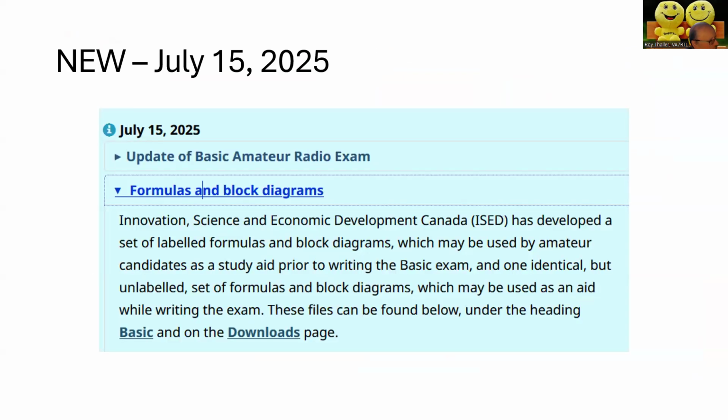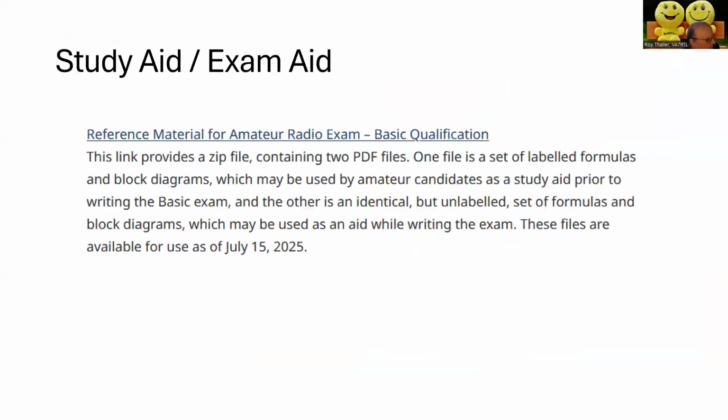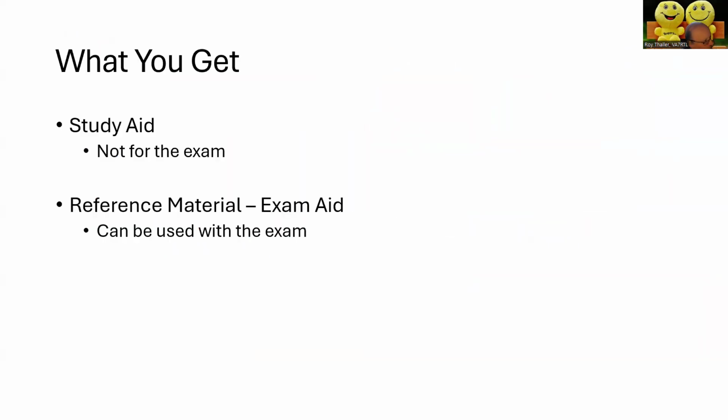Also, a reminder that there's now a study aid and a reference aid that you can take into the exam. It'll help you next week when we do electricity. So basically, there's a study aid that you can't take into the exam and a reference material which you can take into the exam.